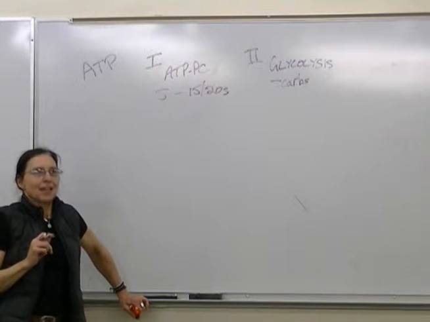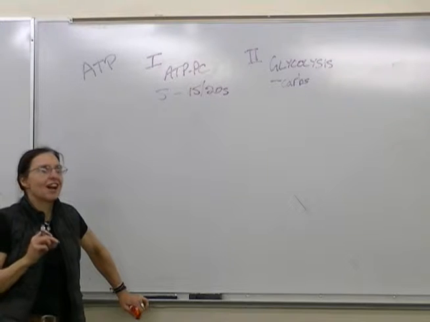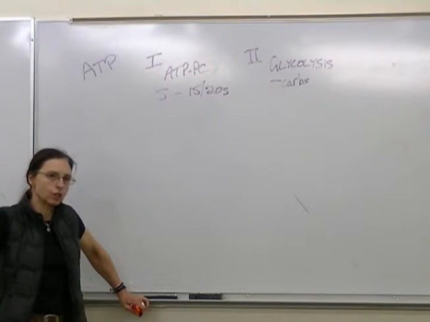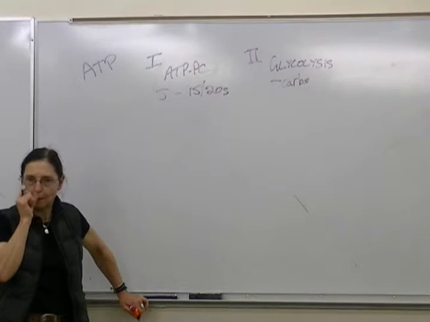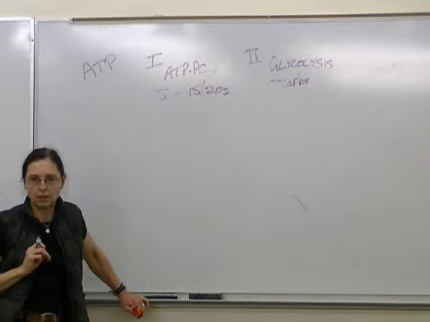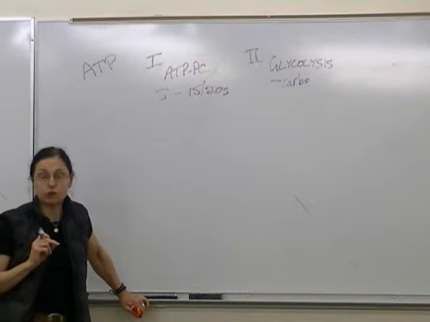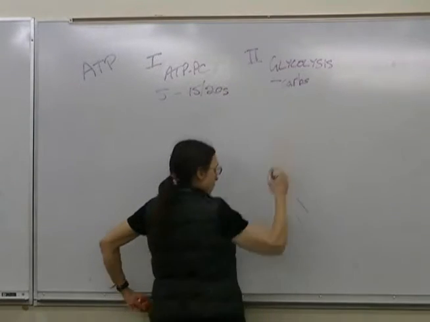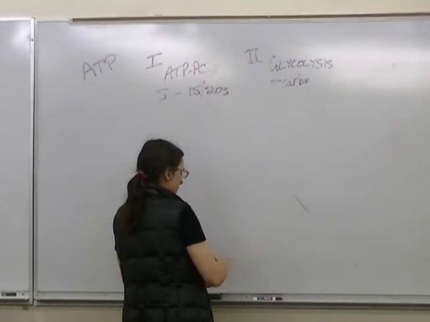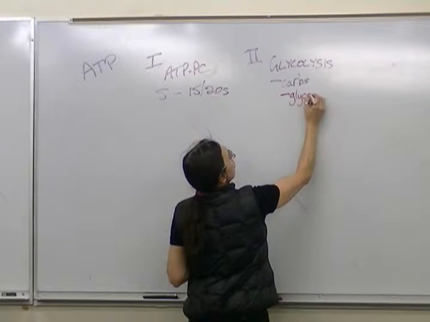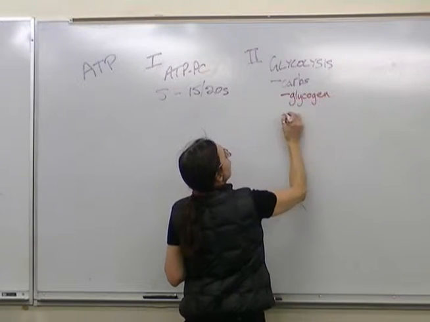Which kind of carbs am I feeding in? What can I chuck in at the top? What are my 2 options for carbohydrate? Glycogen and glucose, right. So I've got either glycogen or glucose.